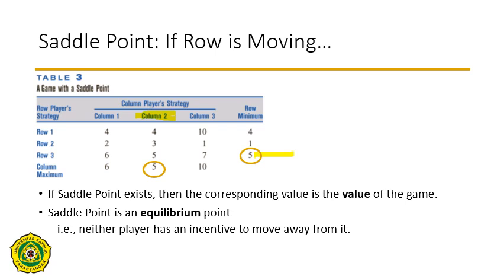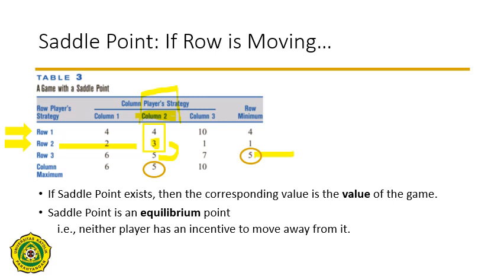Let's see what happens if the row player moves to the second strategy. If the row player plays the second strategy, while the column player sticks to the optimal solution, playing the second strategy, the reward that the row player will receive decreases from $5 to $3. So it's a loss for the row player.